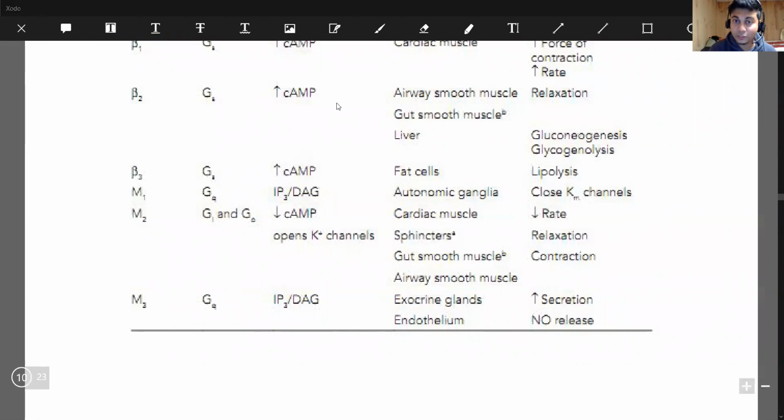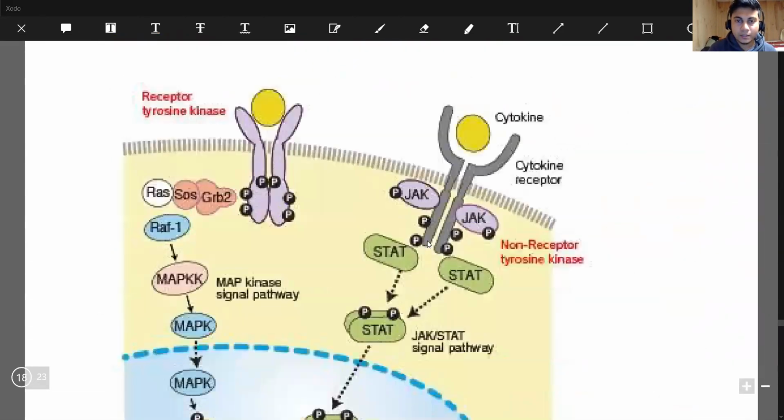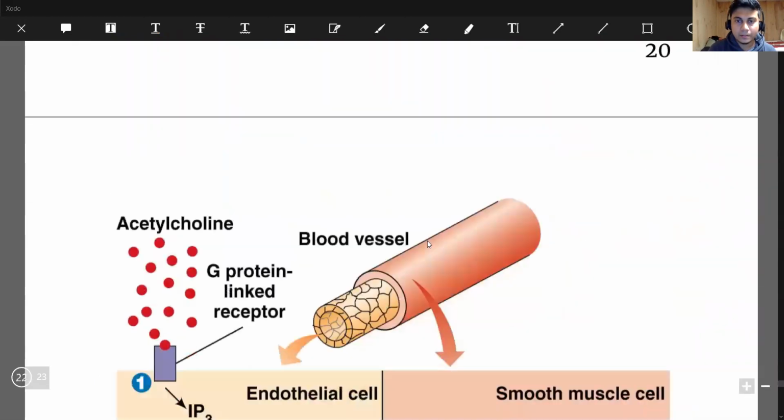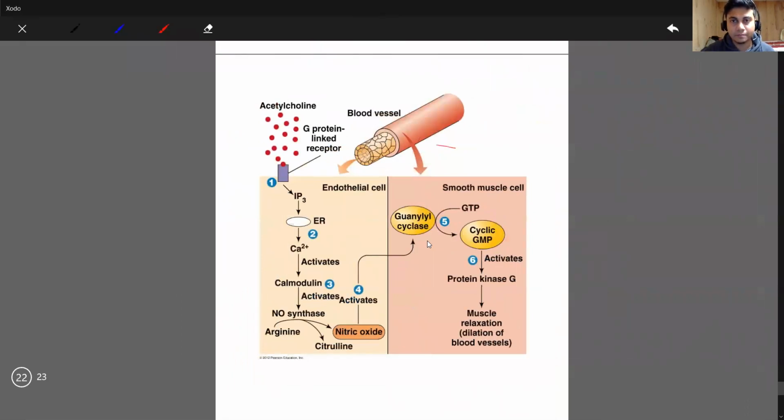All right. Now let's go to that discussion again. Here you see the blood vessel. In the endothelium of that blood vessel, there is this M3 receptor, right? Acetylcholine will bind to this muscarinic receptor. This is a G-protein receptor, particularly a Gq coupled receptor.